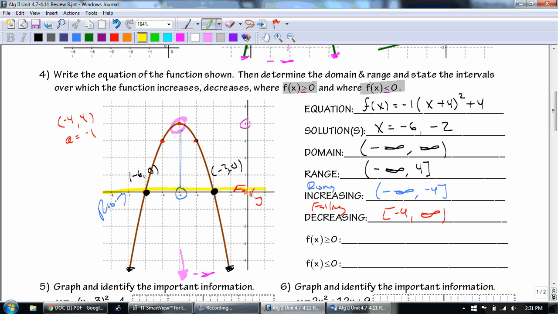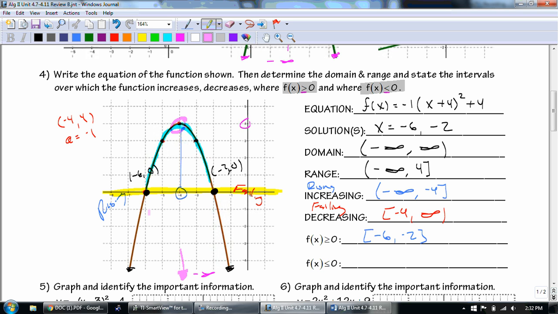Okay, almost done. So there's our x-axis, and I want to know, where are we above, where are we greater than or equal to 0? Well, we're greater than or equal to 0 from the interval -6 to negative 2.